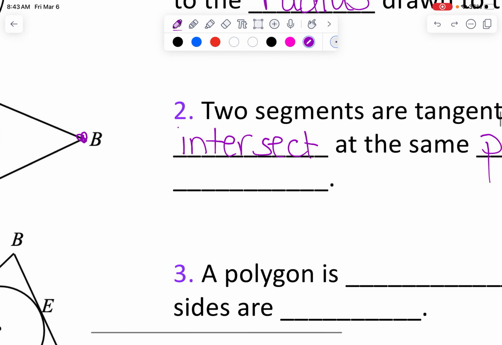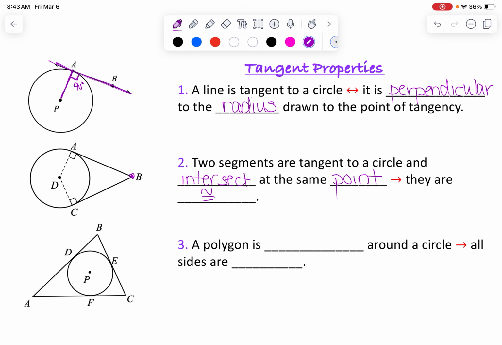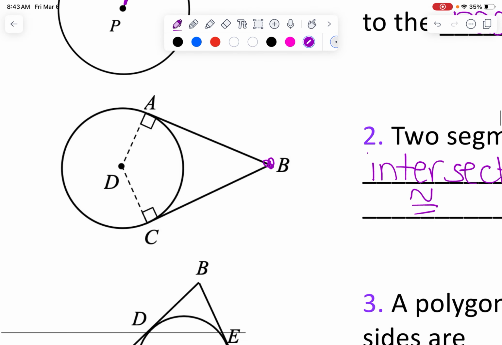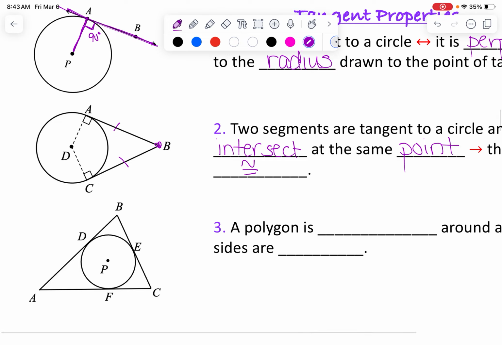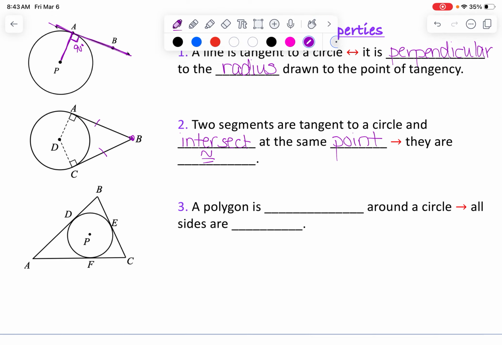There we go. So in this picture here, we know that these are tangent because you can see that it's 90 degrees there where they intersect. So that means this segment and this segment are congruent. Okay.